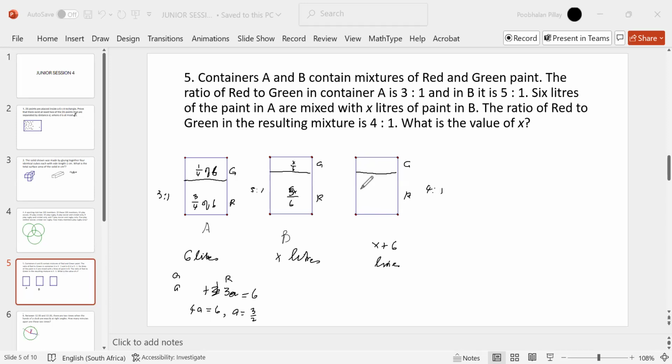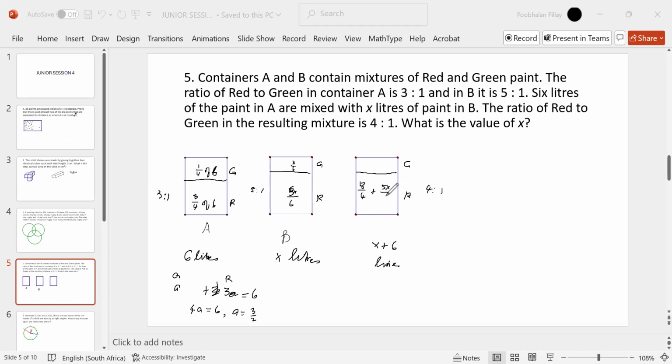So 3/4 of 6 is 3 times 6/4, which is 18/4, plus 5x/6.